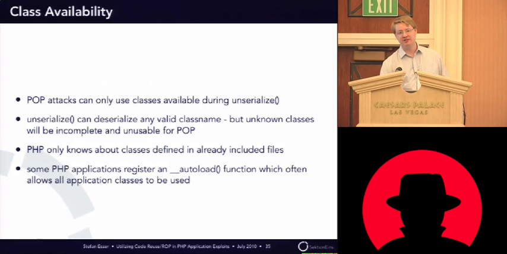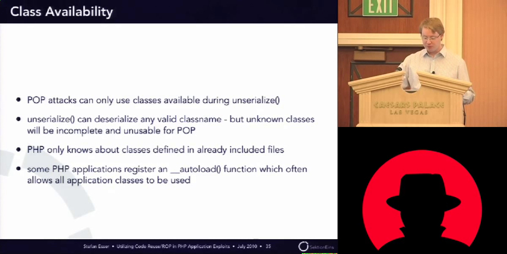When an application unserializes something and it creates objects, you can only create the objects that PHP knows about at this moment. So if you unserialize an object called XABCD, PHP will check if this class is available, and if it's not available, it will create a so-called incomplete class, which is nothing more than a dummy object with properties.